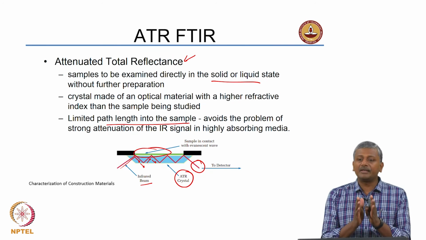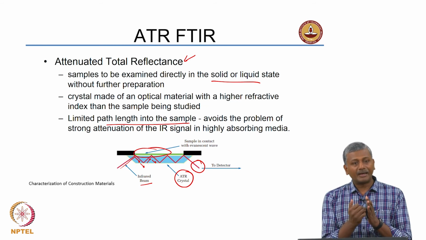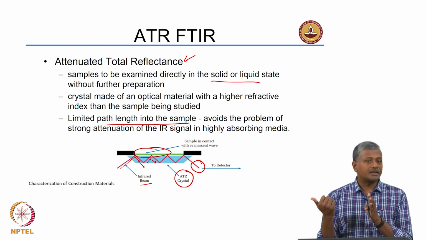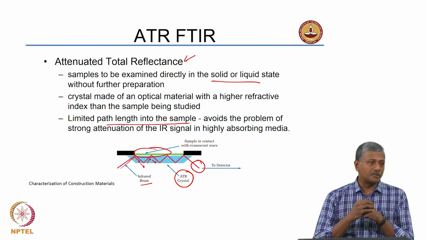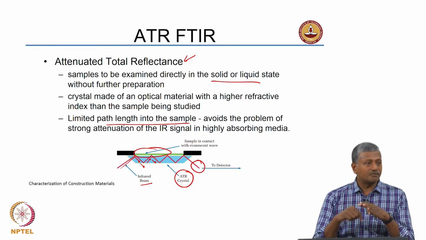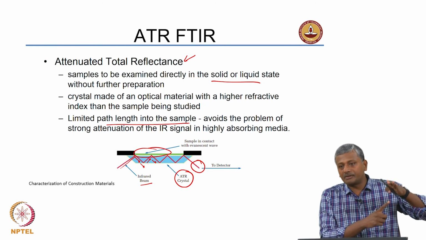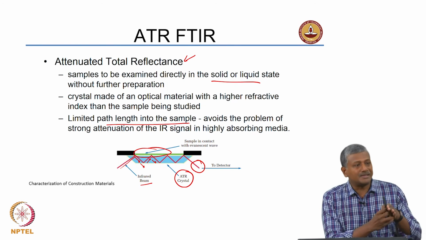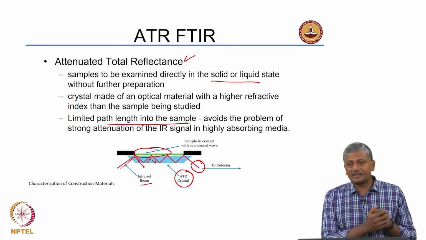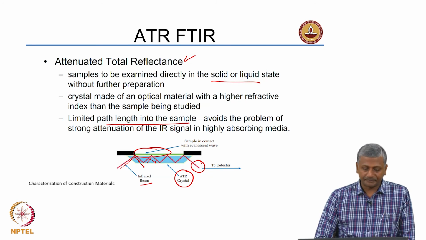If you have a very highly absorbent material, it is going to completely weaken your IR signal and not transmit enough, and that is a problem for conventional IR spectroscopy. But in this case, since you are only reflecting, there is only a small amount of interaction that the IR beam has in the sample. So, the intensity of the IR beam is not getting lost easily. That is the advantage of using attenuated total reflectance spectroscopy.